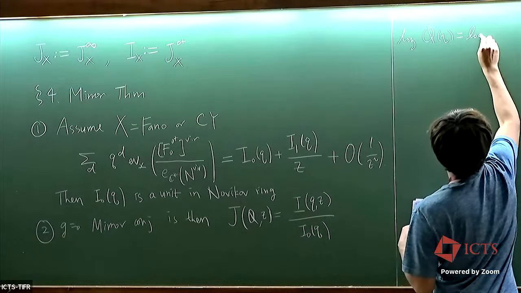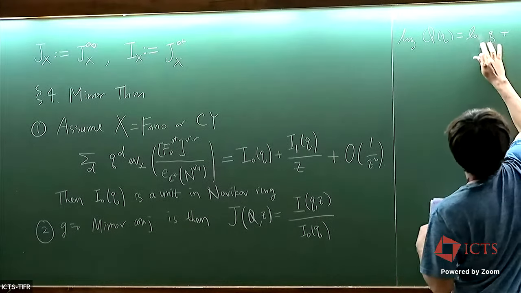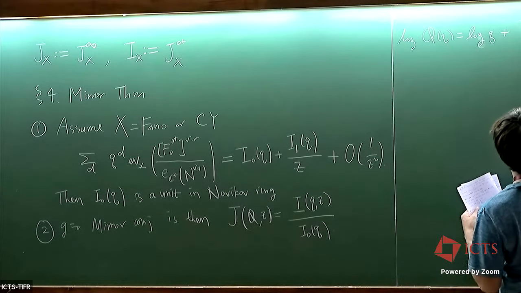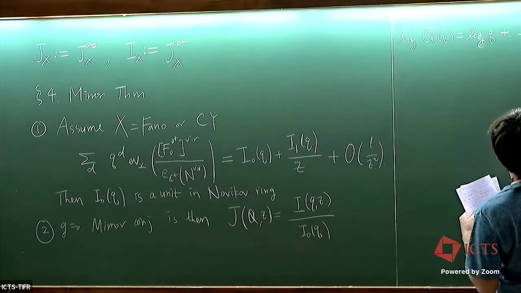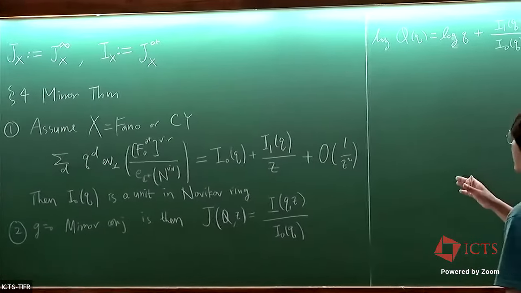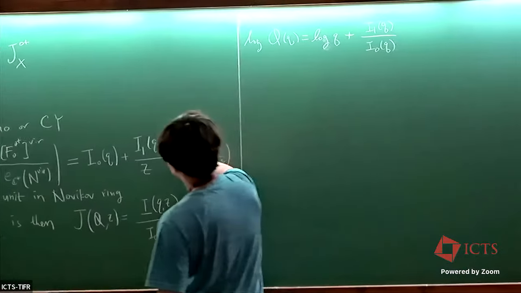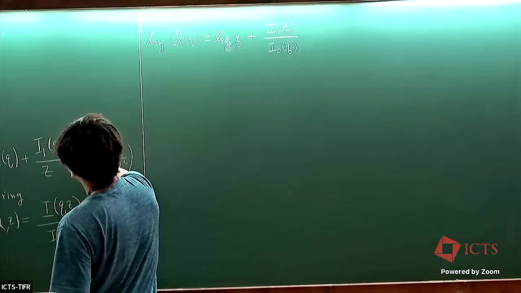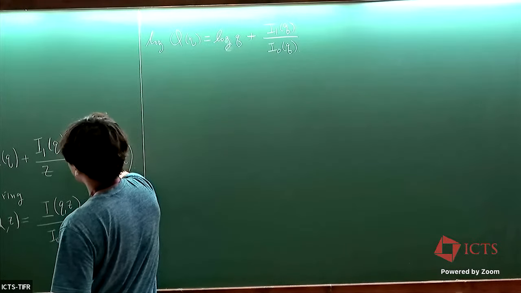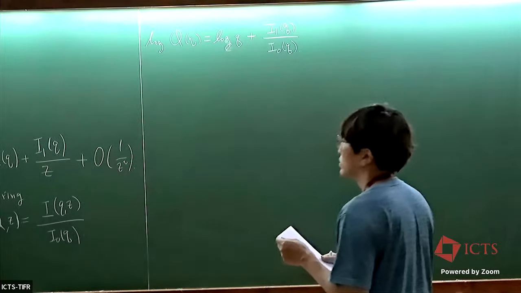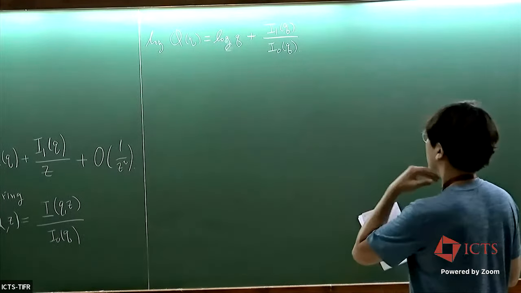this one. In this case, I1 doesn't depend on z, but it may have a cohomological part. So actually, this lies in the second cohomology of X with the Novikov variable.